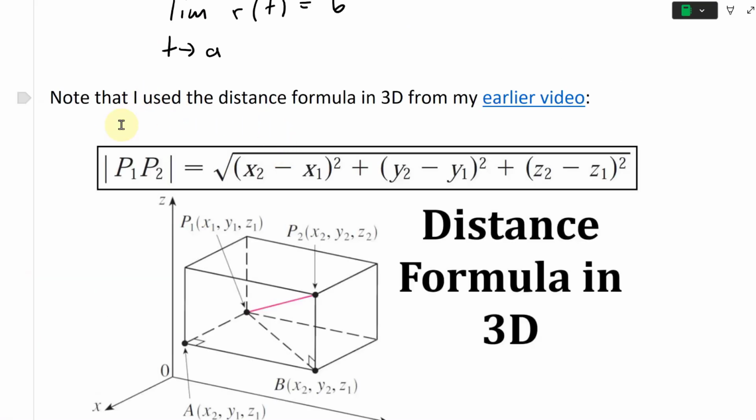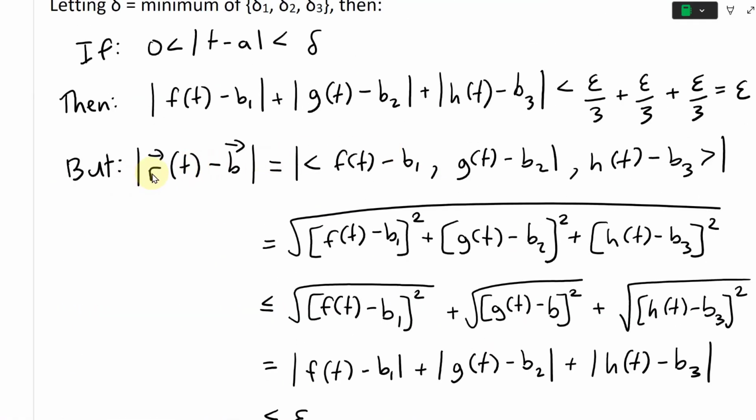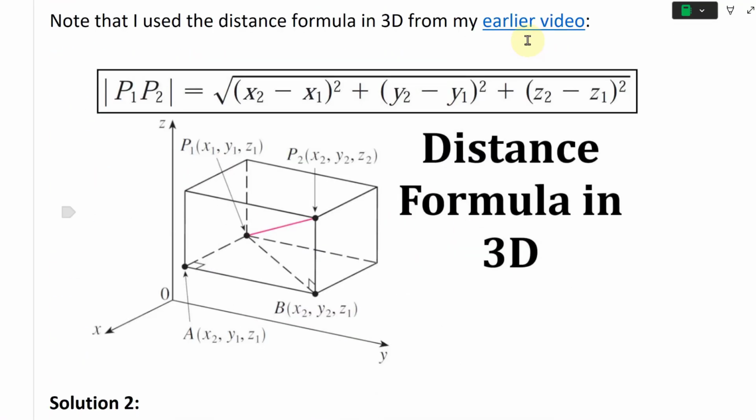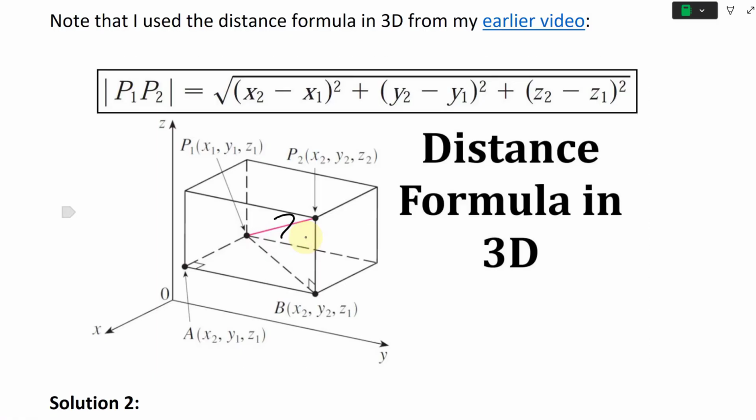One final note: I used the distance formula in 3D from my earlier video, right here. The magnitude of the difference is the same as the distance between these two vectors, the vector function and the vector b. The distance between p1 and p2, if they're vectors, you could write as the vector between them.